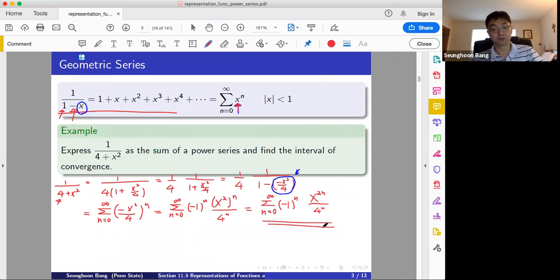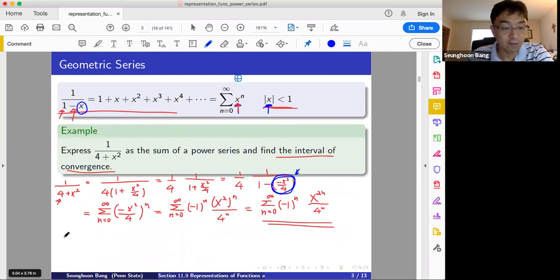So let me see. How can you find the interval of convergence? We can use this one. You can plug the common ratio r into here.